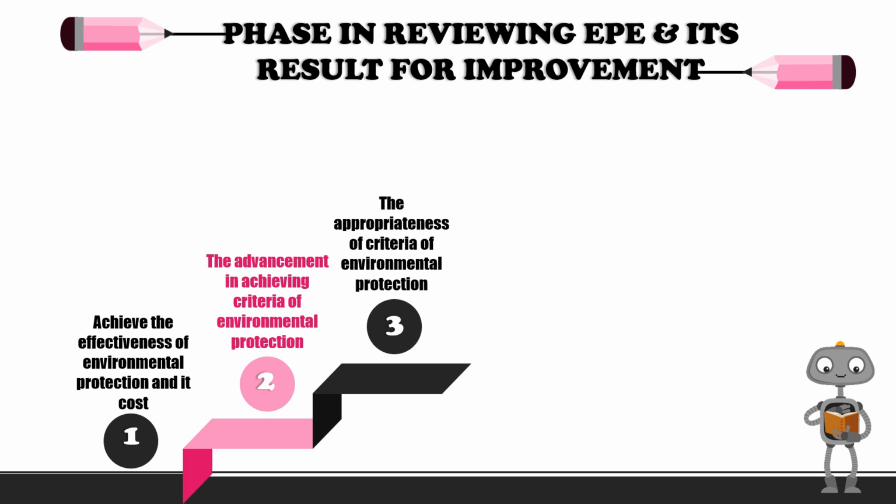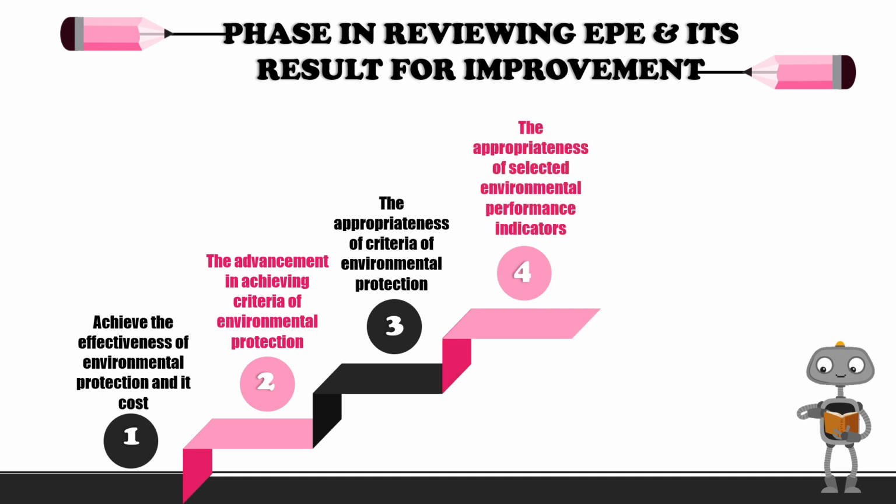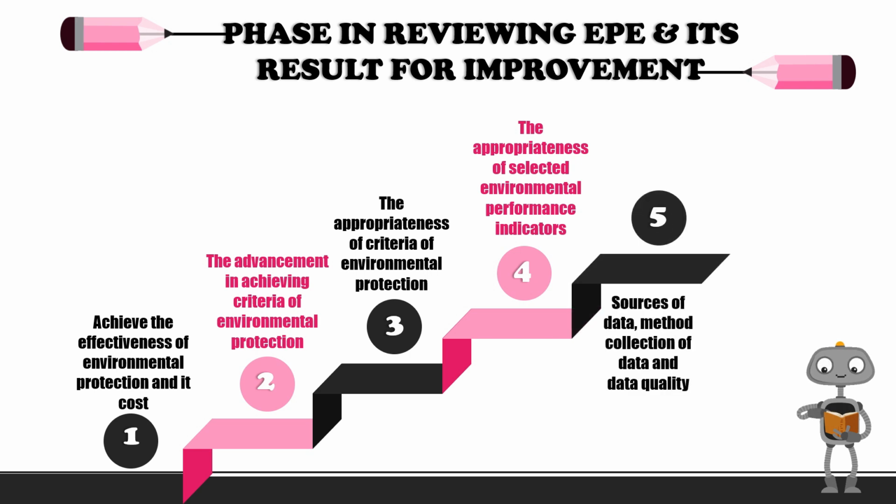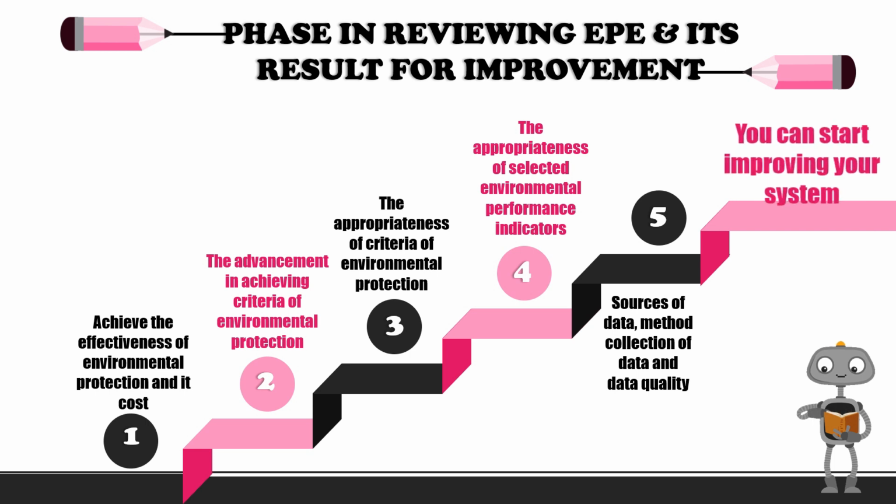Third, the appropriateness criteria of environmental protection. Next, the appropriateness of selected environmental performance indicator. Fifth is sources of data, method collection of data and data quality. You can start improving your system.